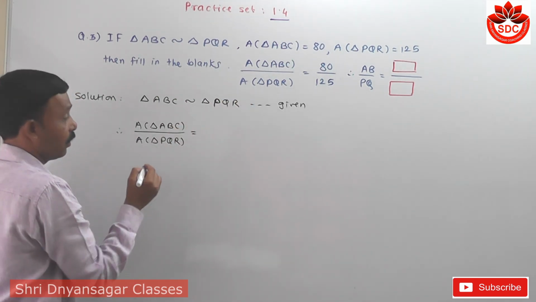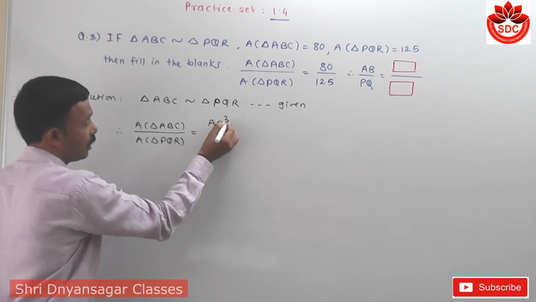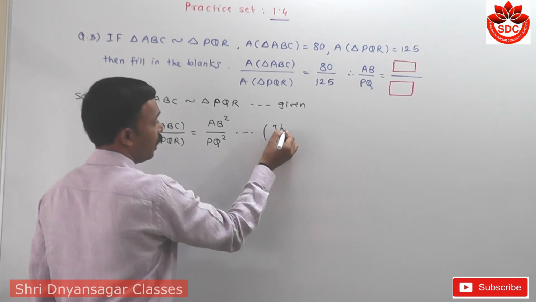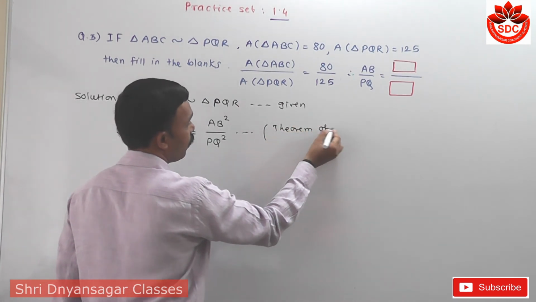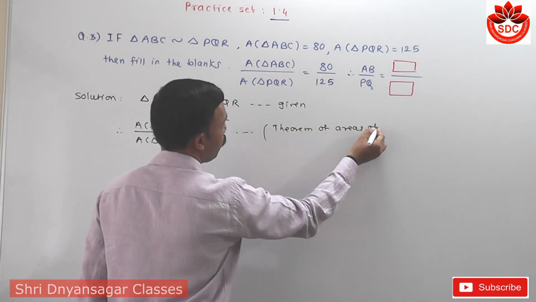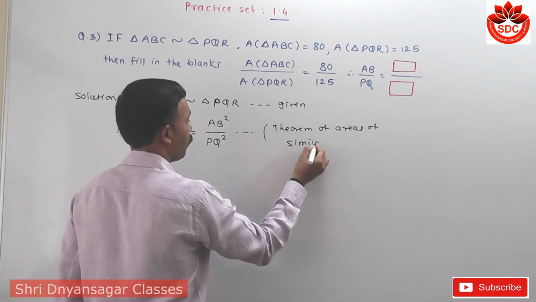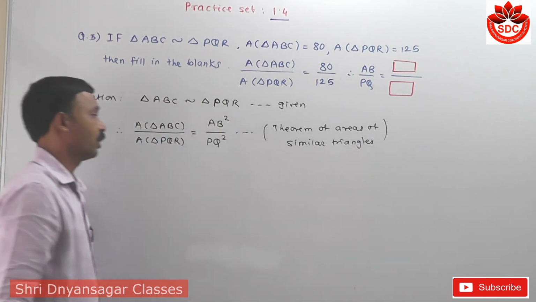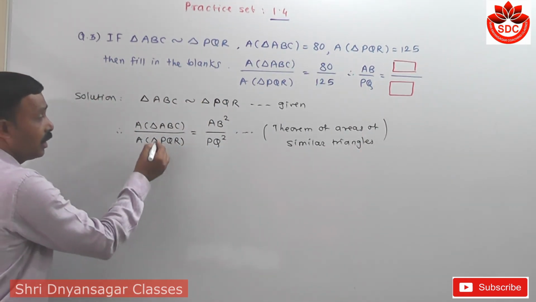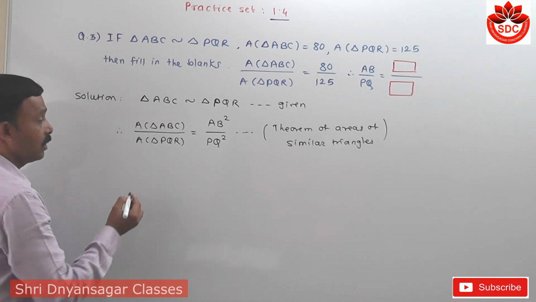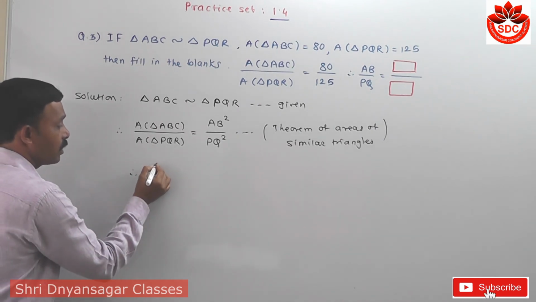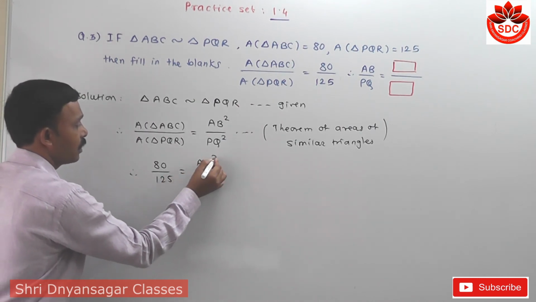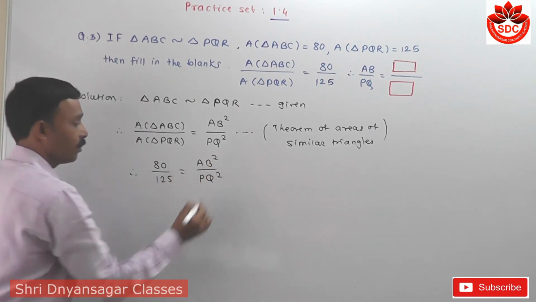Here AB and PQ are given, so I have taken the corresponding sides as AB square upon PQ square. The reason is that by using the theorem of areas of similar triangles. Now this ratio is given here. We have to substitute this. Therefore this value becomes 80 upon 125 is equal to AB square upon PQ square.